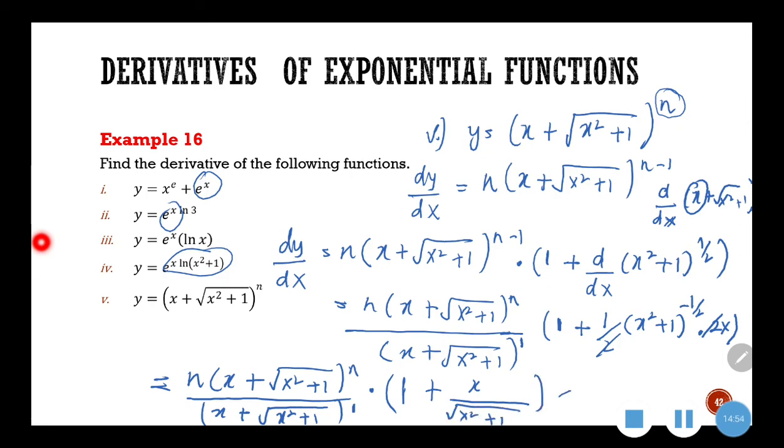Ni jawapan yang cantik sikit lah. Cantik ke? Okay, rather than you put it this one. Okay, so lagi simplified lah kalau ikut mathematically.